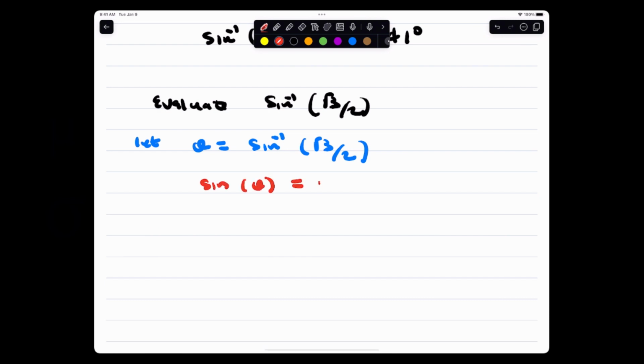Sine theta equals the square root of 3 over what? 2. Okay, so the second they give you this evaluate an inverse sine, use the definition we gave you guys, and then now say that's the same as sine theta being what you have here.